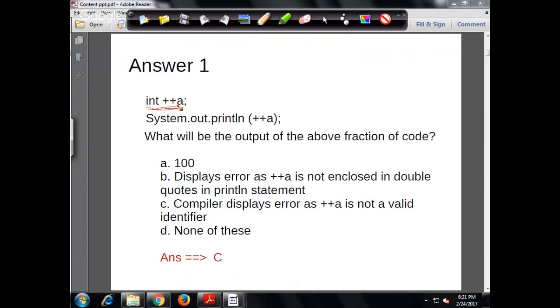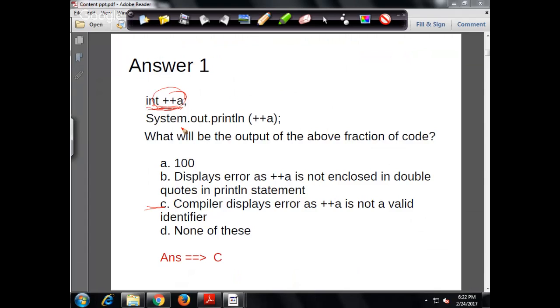As you saw, the rule of an identifier is that the variable has to start with an alphabet. Since the variable name is starting with a plus sign, this is not a right declaration, and hence the answer will be option C, where it says compiler displays an error. It will display an error because the variable declaration here is not valid.